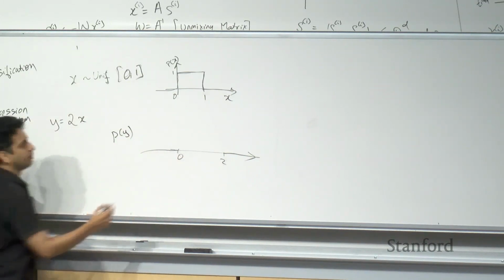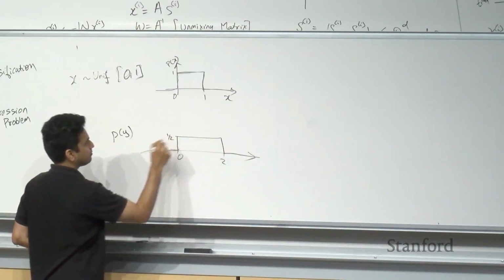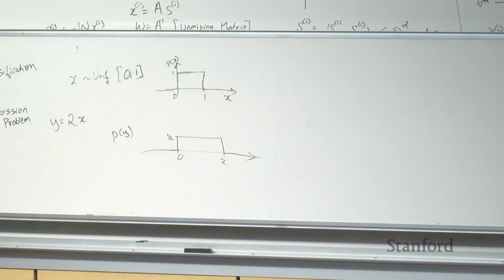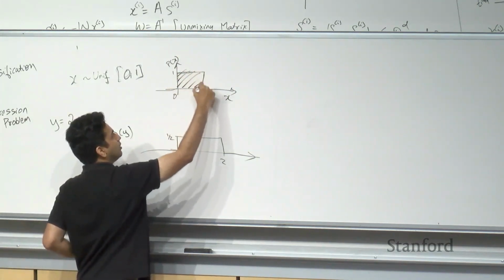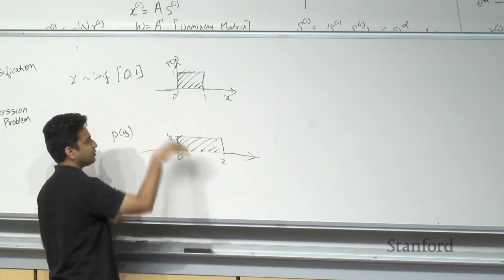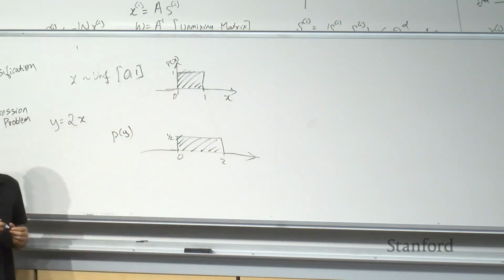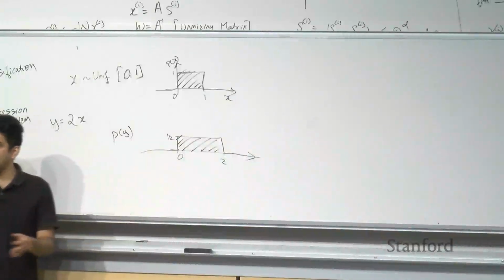Half, right? This is half. Why is this half? Right? So exactly. The probability distributions require that the area under the PDF must integrate to 1. So if we stretch the x-axis, we have to shrink the y-axis by a corresponding amount, and that's because the area under the PDF must integrate to 1.